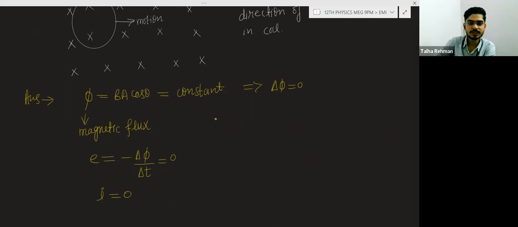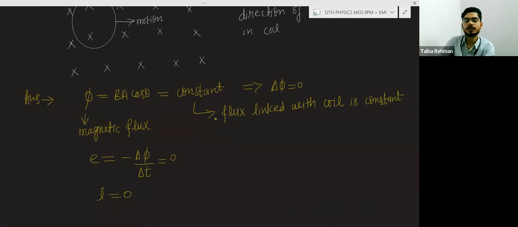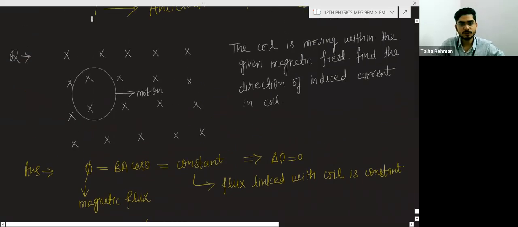So phi is constant, which means the flux linked with the coil is constant. Okay, so note down the answer also.